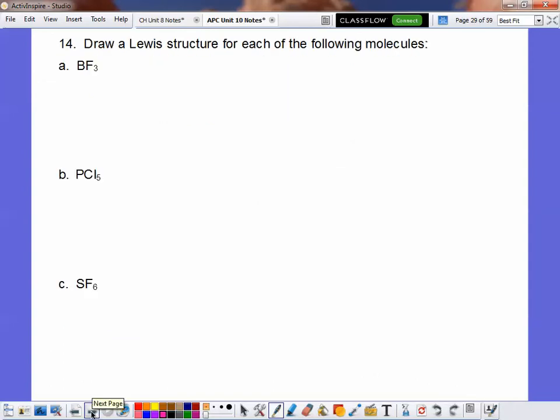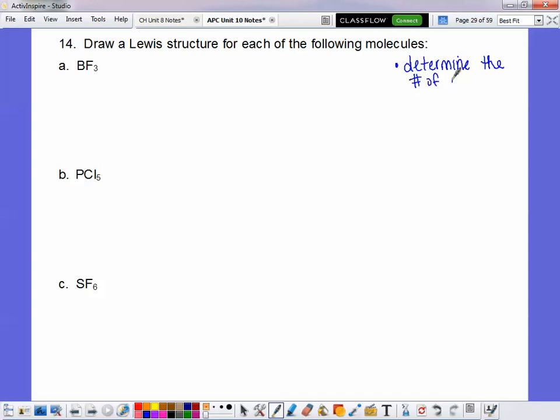Now, actually, before I do these examples, let me go through the steps for this. So, first thing you should do is you still need to count up, determine the number of available electrons.